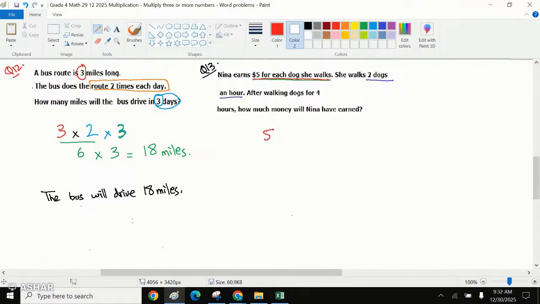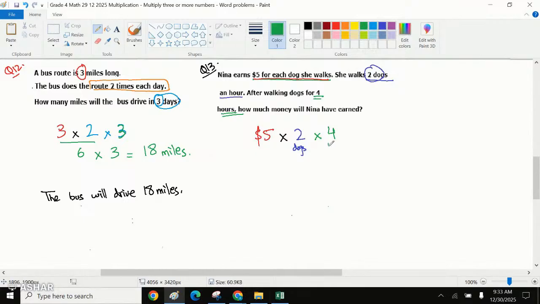How many dogs were there? There were 2 dogs, right? 5 multiplied by the 2 dogs that she was walking every day. And after walking dogs for 4 hours, how much money did she earn? This was dollars, right? This was the number of dogs.